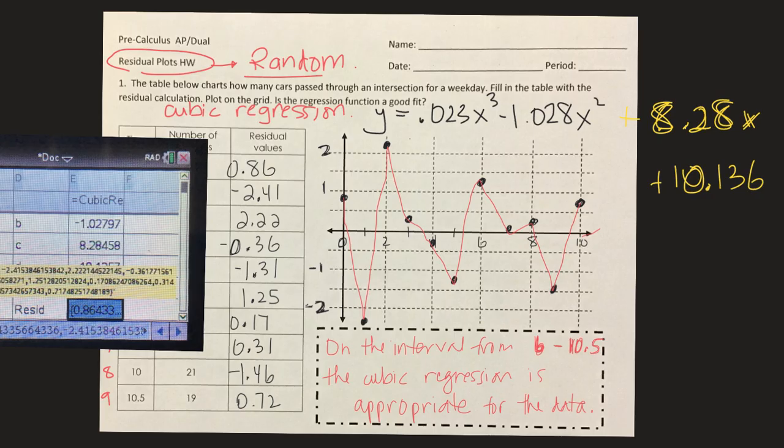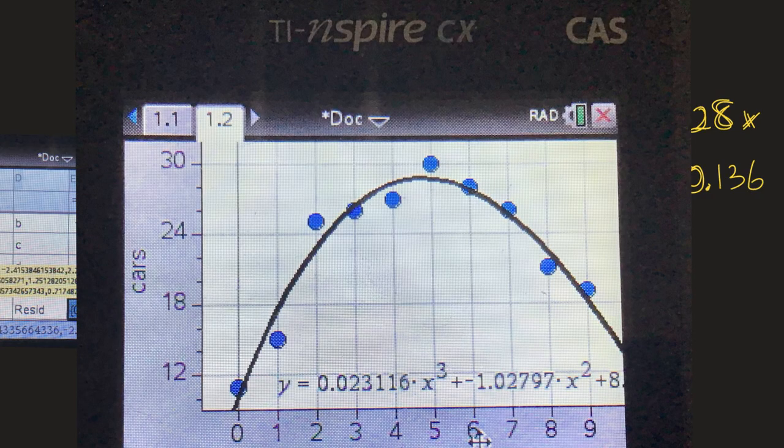So let me show you what the graph looks like. Here are all of my data points, and this is my cubic equation that I'm using to model that data. Remember, the residual is the difference between your actual data point and the calculated point. So some are above, some are below.